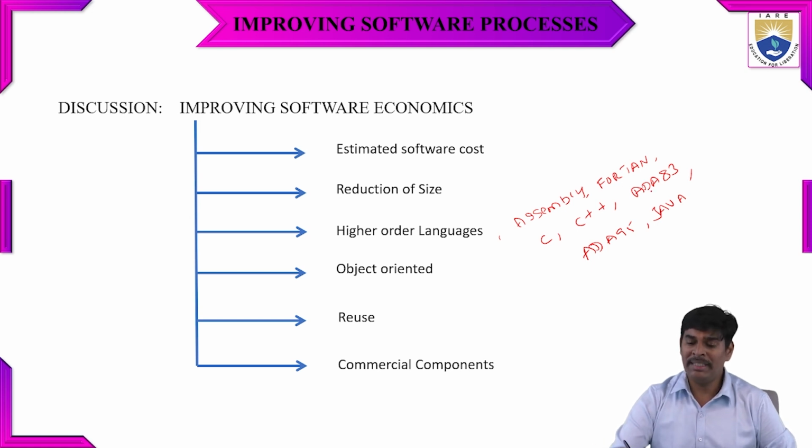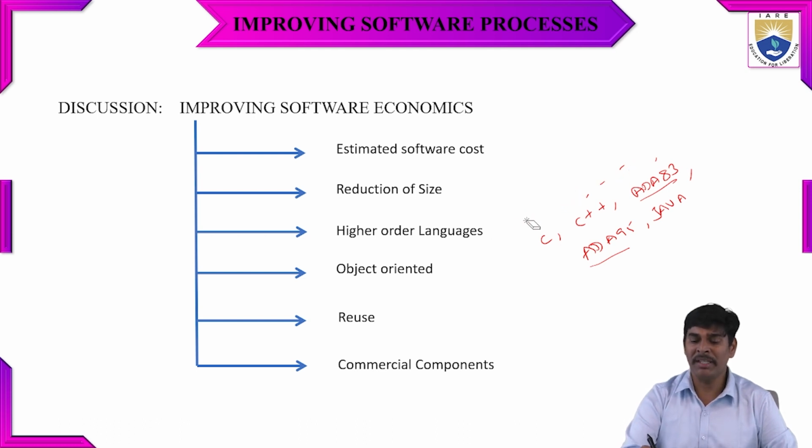ADA 83, compared to assembly, minimizes the SLOC, that is source lines of code. ADA 95 compared to ADA 83 reduces the source lines of code further. And C++ and Java have reduced the size of the SLOC. That's why we need to verify which programming language is used to minimize the source lines of code.